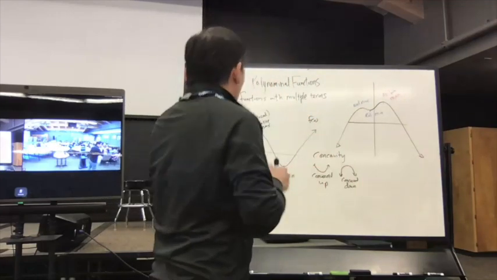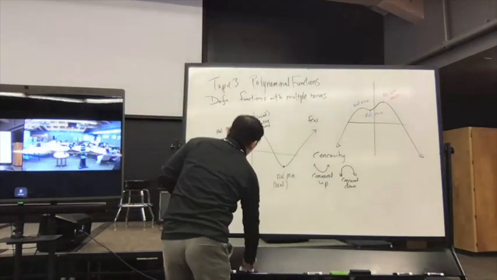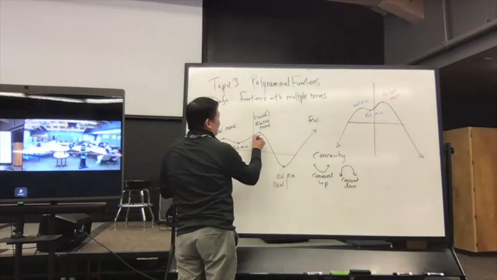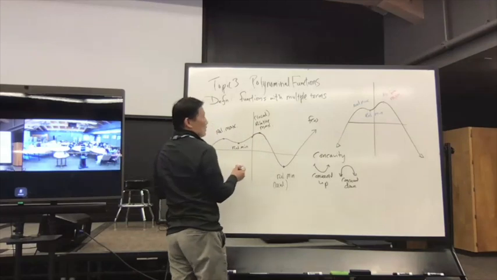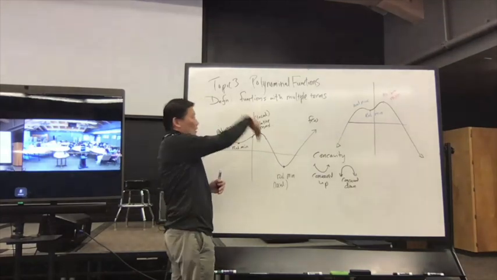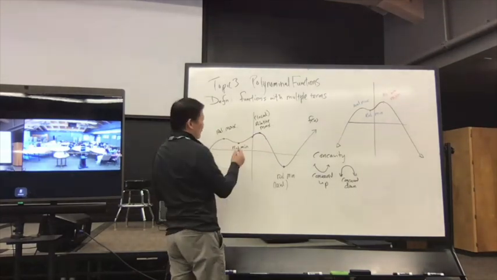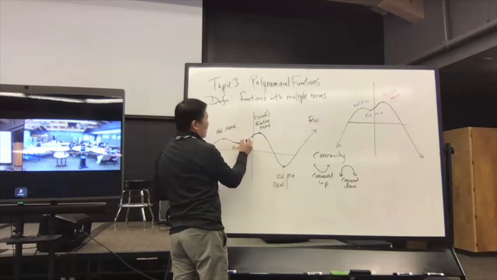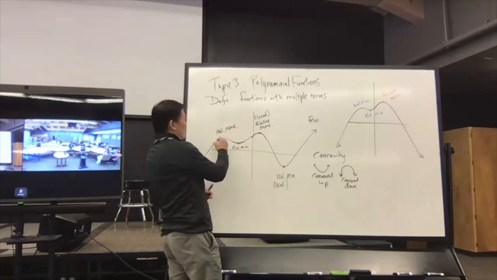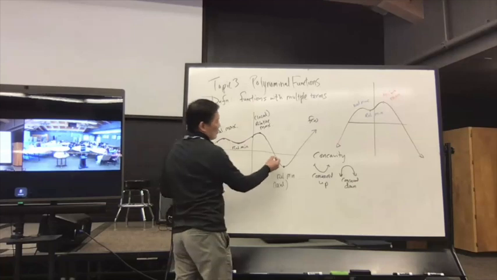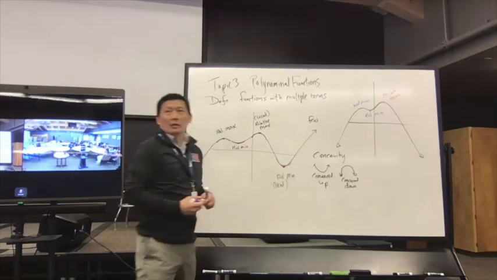Now, notice in this particular one, we have a concavity this way. This is the concave down concavity. Over here we have concave up, and over here we have concave down. Over here concave up.